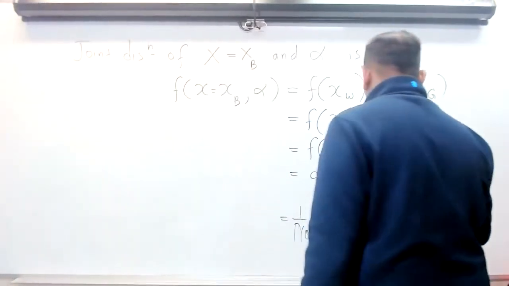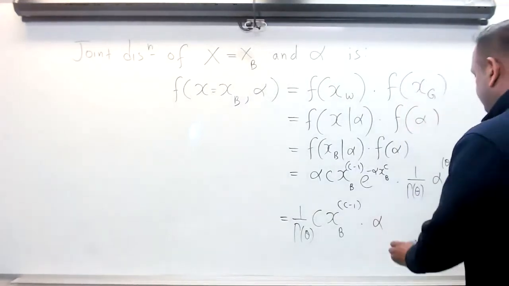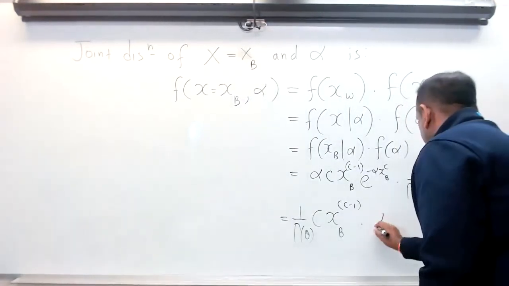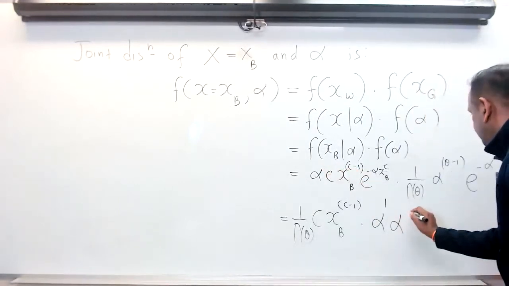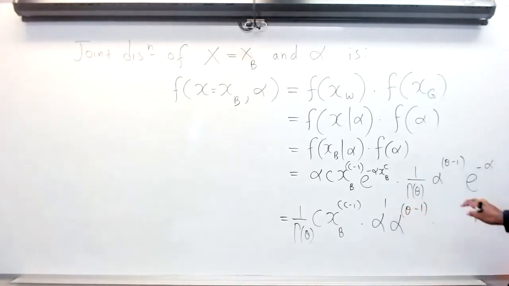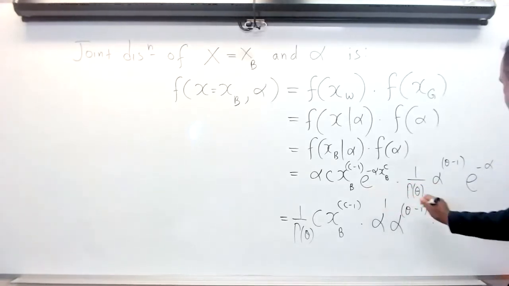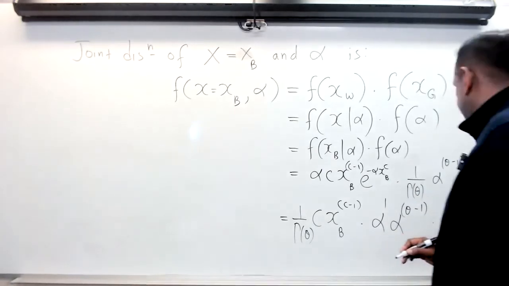The rest, with the alpha terms, I'm going to put here: alpha to the theta minus 1, and e to the minus alpha times xb to the power of c times e to the minus alpha.